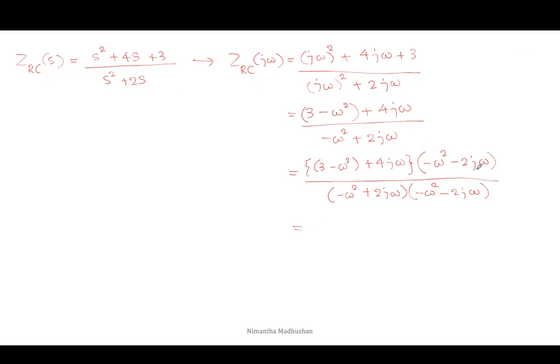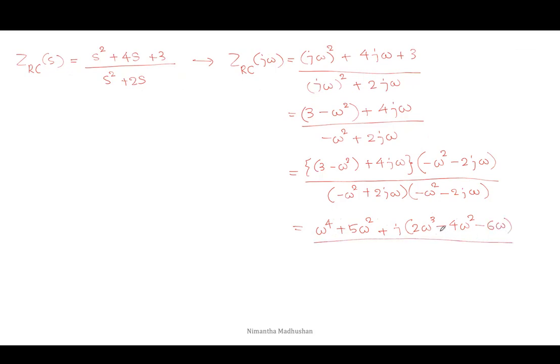After solving the numerator and denominator, we can obtain omega to the power 4 plus 5 omega squared plus j times (2 omega cubed minus 4 omega squared minus 6 omega).